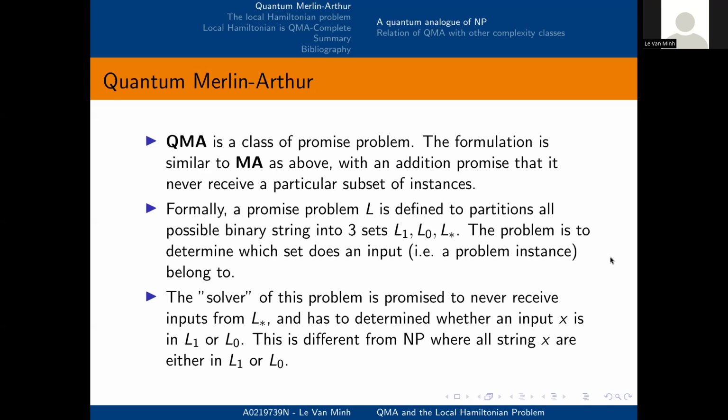Formally, for a promise problem L, we partition all the possible binary strings, all the possible inputs, into three sets: the yes instances, L1, the no instances, L0, and the excluded instances, L star.